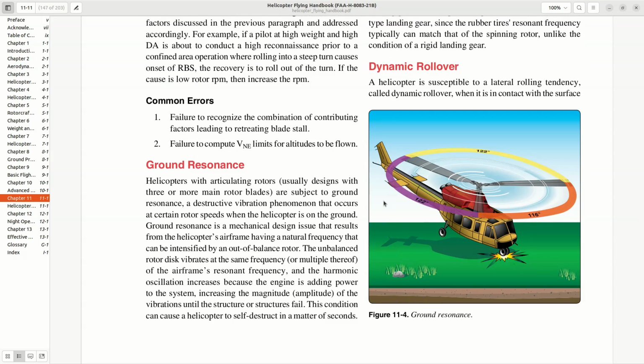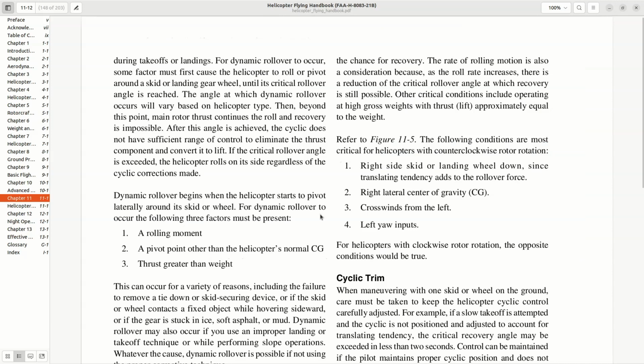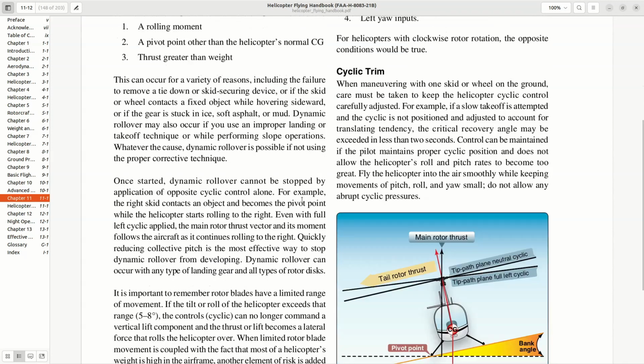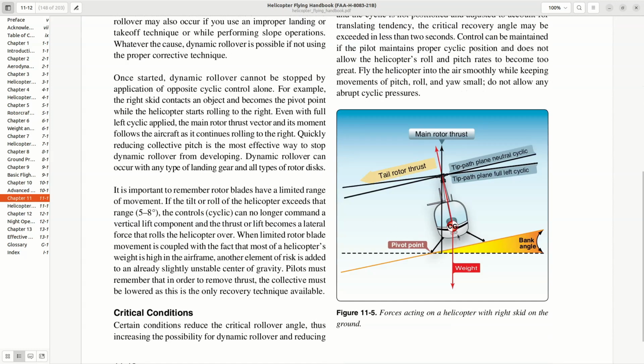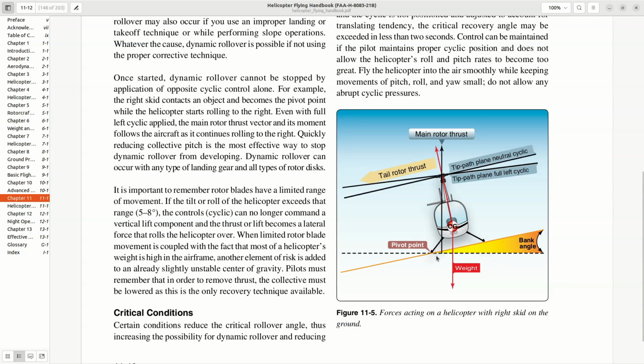So you already know that a helicopter can roll over if the CG is over a pivot point. So here they have a picture of a helicopter where it's hitting the right skid. That becomes a pivot point.